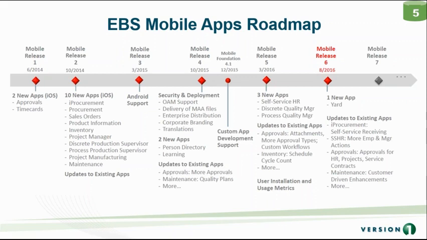Fast forward to now, there are 18 apps available on Oracle's mobile application framework, which we've already discussed, with an additional 4 as we covered previously, making 22 in total. So as you can see, within the space of just over 2 years, Oracle's mobile offering has gone from essentially nothing to quite a substantial number of applications, and Oracle are constantly delivering enhancements to existing apps, with new applications being released on a regular basis.